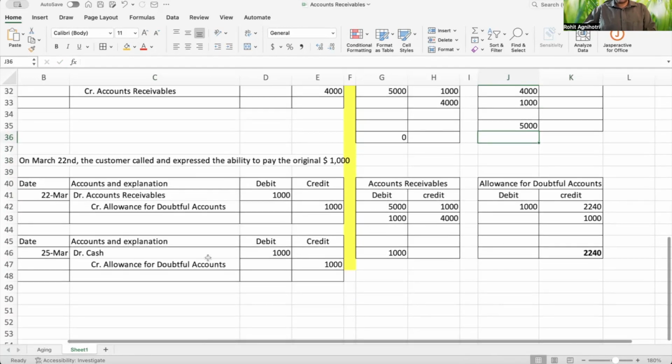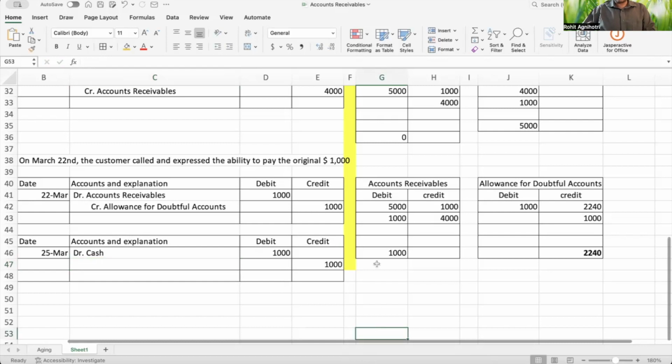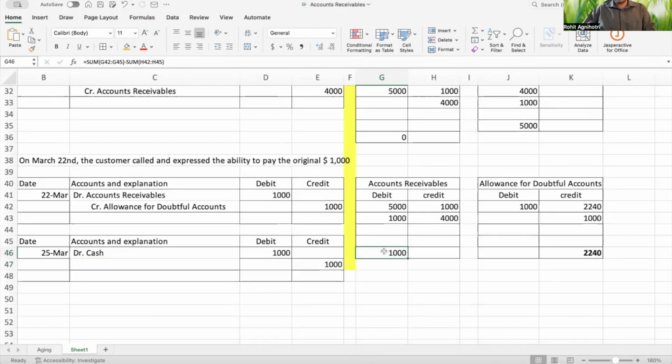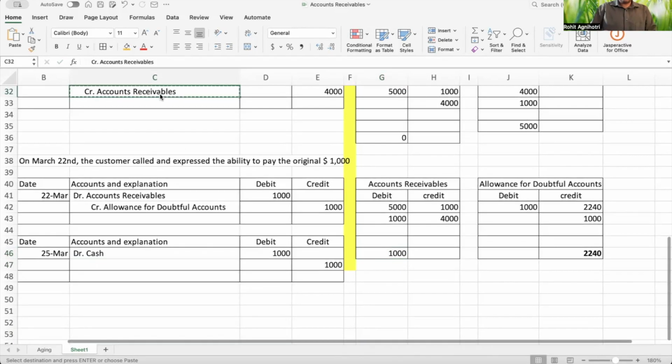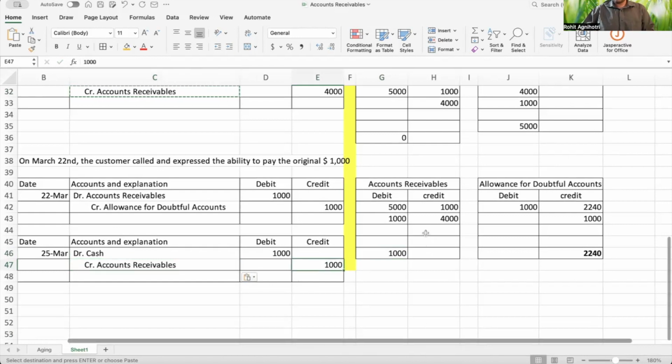And at the same time you will credit your accounts receivable, because now your balance is $1,000. You have to zero this balance out because this customer has sent you the check. So you will credit your accounts receivable $1,000, and you will see this credit entry going here, and your new balance becomes 0.